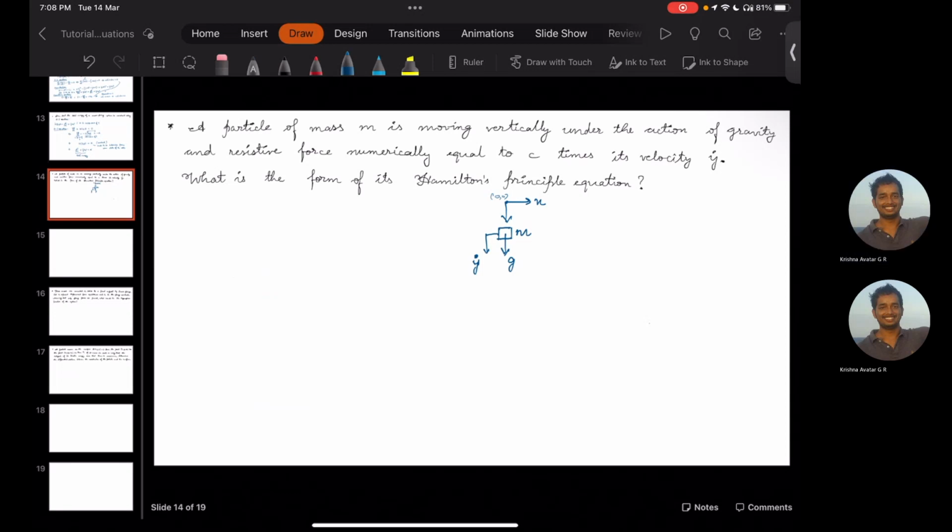Okay. First, we'll start with kinetic energy, which is denoted by T is equal to half m y dot squared.